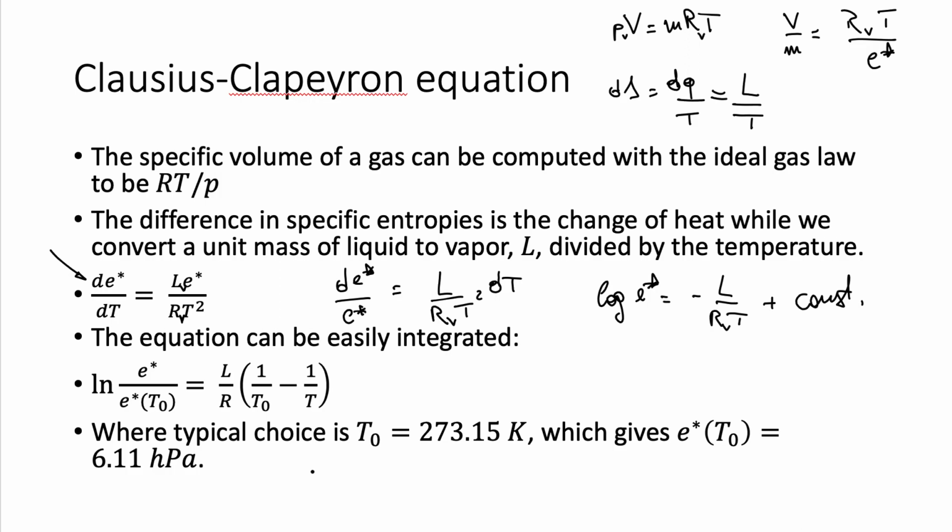So you plug it all back in, and you have this exact equation for how the saturation vapor pressure changes with temperature. This equation, I failed to say this, is called the Clausius-Clapeyron equation. Okay, and it's very important.